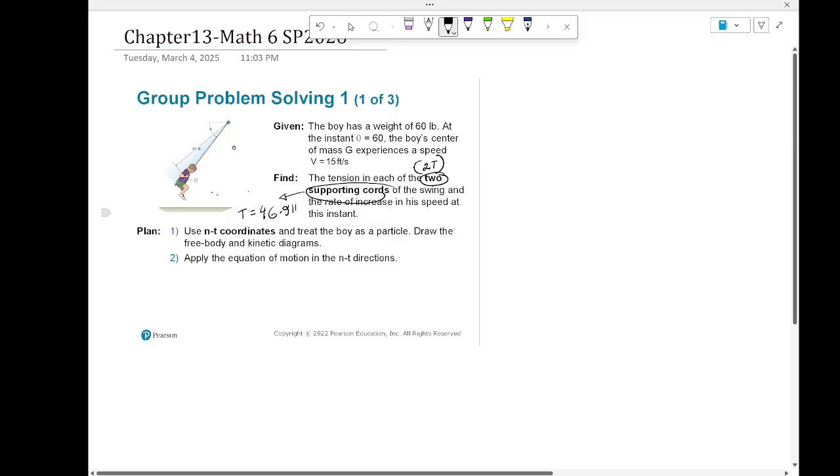This is an English unit problem, so be very careful. 32.2, yes, 32.2, but you may avoid the 32.2 as well. What is this? Weight is 60 pounds. So this is the W. You don't need to multiply it with 32. You remember, that's the pound force. Anyway, so this tension T is 46.9 pound.